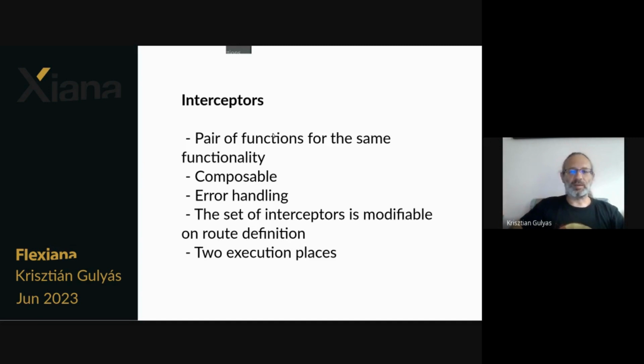Our interceptors are composable in two ways: the interceptor chain is composable, and an interceptor itself is composable too. The first means if you have a default set of interceptors defined for your application, then you can change it on the router or routing level.